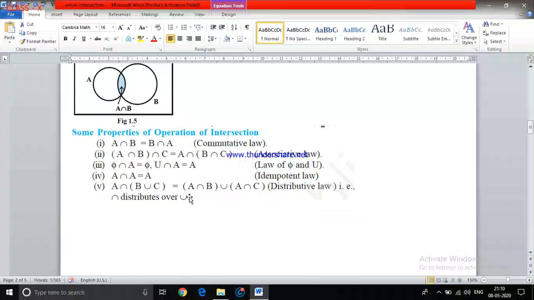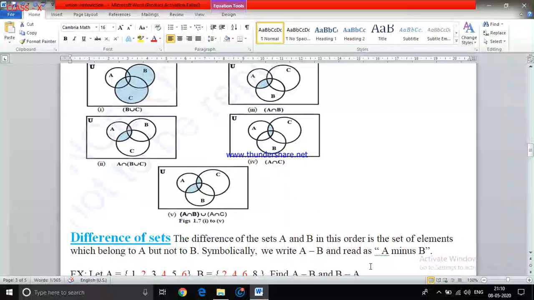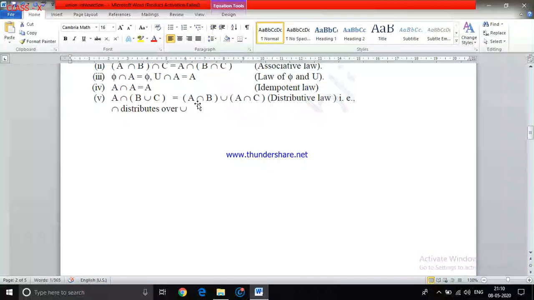Now on the right side, what you have? A intersection B and A intersection C. Here the first circle, this shaded part, represents A intersection B, the common part of A and B. Now the below part represents the common part of circle A and circle C. Now I have in this identity (A intersection B) union (A intersection C).